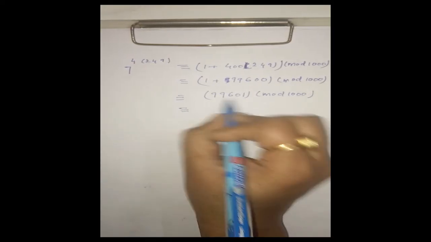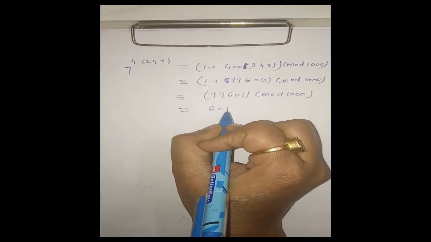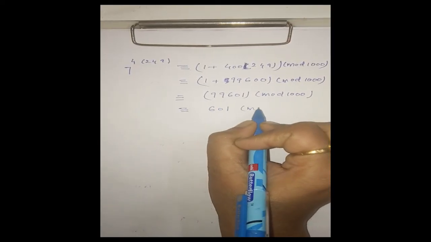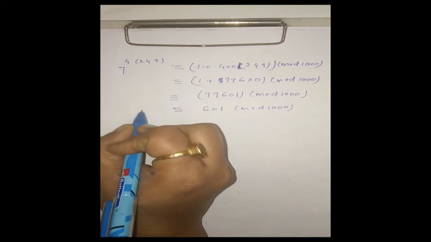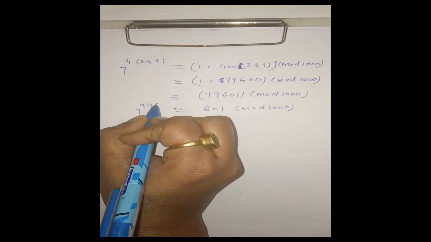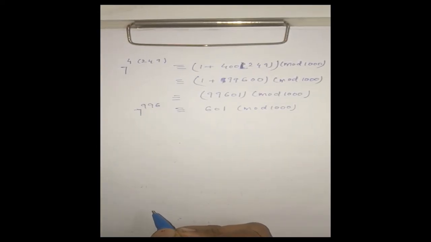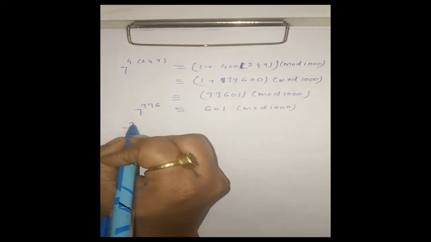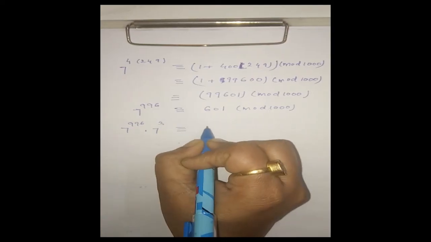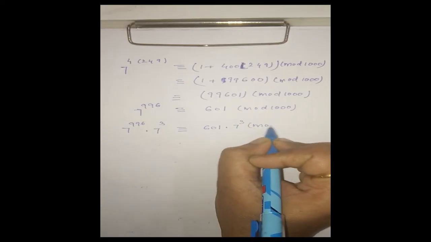Clear? Now on dividing this by 1000, the remainder will be 601 modulo 1000. The left hand side is 7 power 996. Now we will multiply by 7 cube on both sides: 7 power 996 into 7 cube is congruent to 601 into 7 cube modulo 1000.